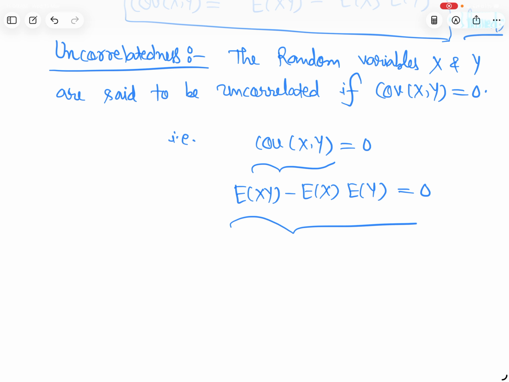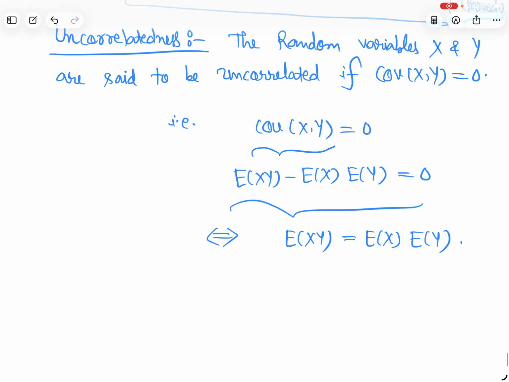Then what is the meaning of this? So if we say that two random variables are uncorrelated, we are saying the same thing: Exy is equal to Ex into Ey. Please note it.